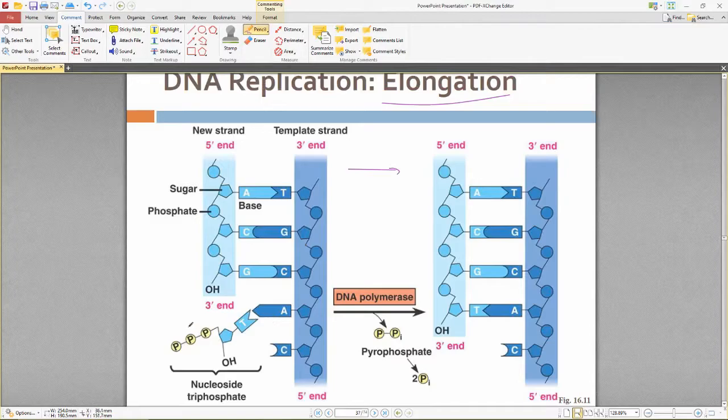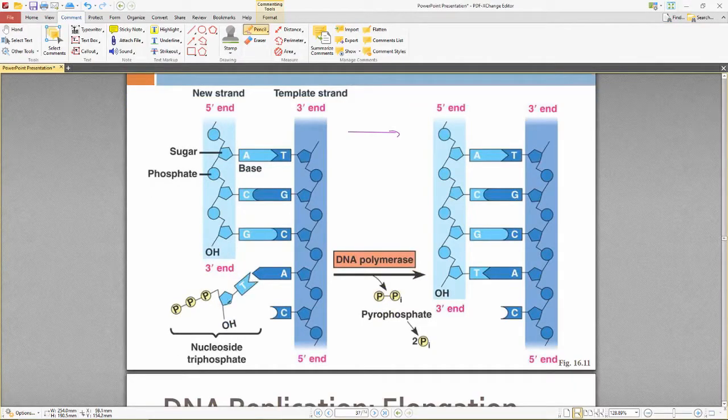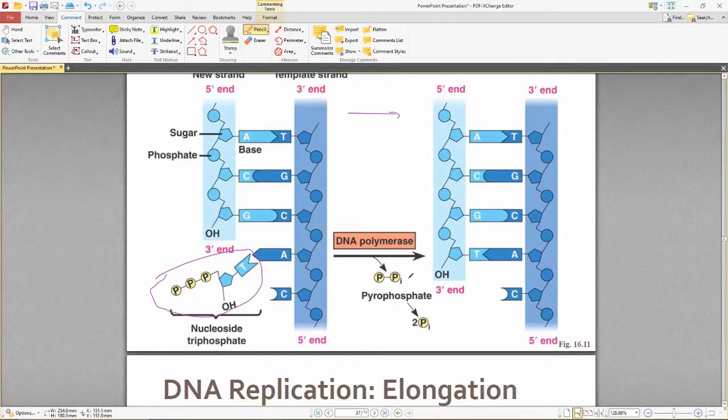In order to add to a 3' end, which is what DNA polymerase is going to be doing, it's going to look at an OH, bring in this nucleoside triphosphate, use 2 of the phosphates as energy, and then add a nucleotide in its place.